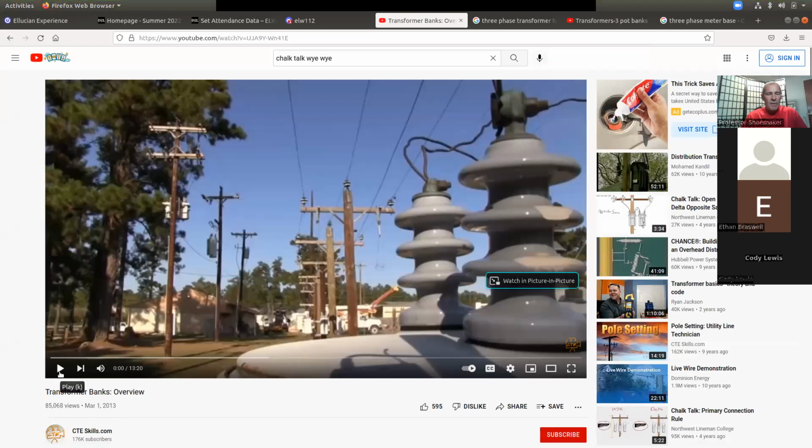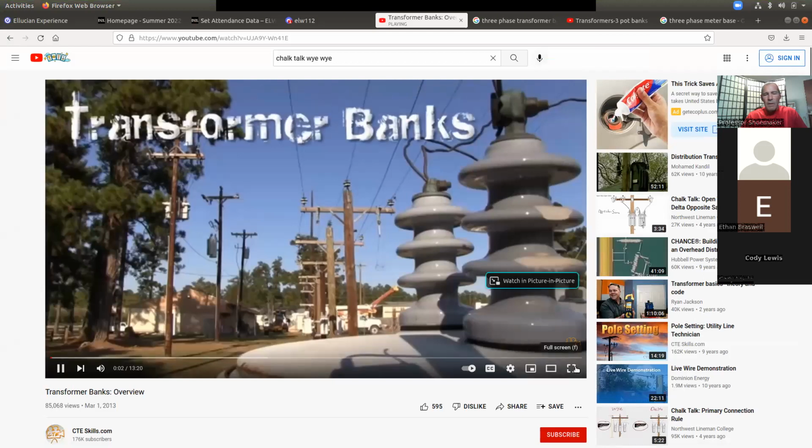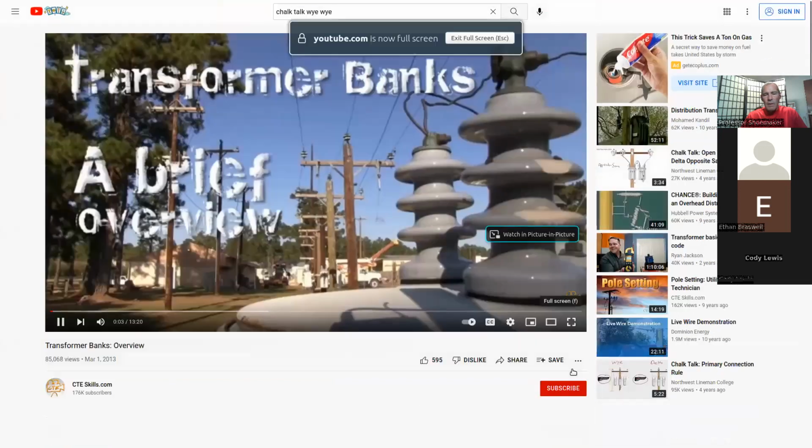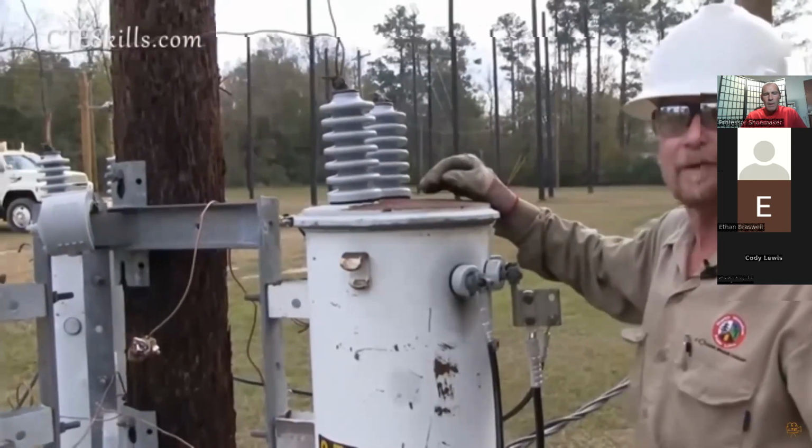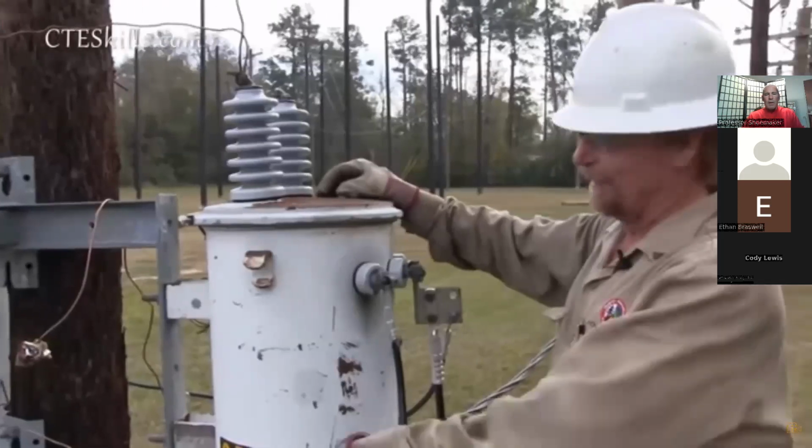Now, if the quality is bad on this, it's because of the video itself. This is what we call a transformer bank. We have more than one transformer on a pole and they're wired together.